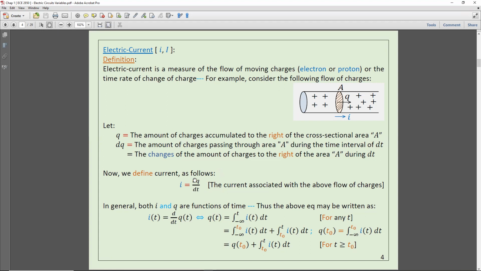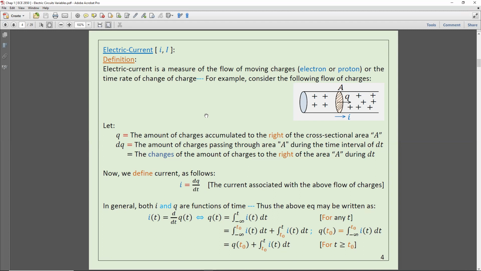But again, just to make it simple, I is the amount or rate of change of a charge, and this is the definition of flow. It's the same thing for water. If you have a pipe of water and you have a big flow, it means you have too much water in a short period of time.